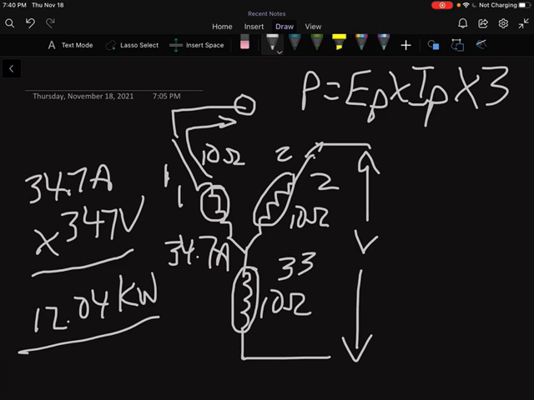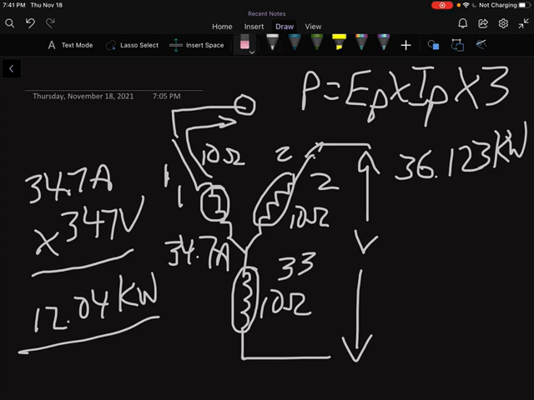So I would take that 12.04 kilowatts, multiply that by 3, and I get 36.123 kilowatts as our three-phase power. So that is if you're using phase values.